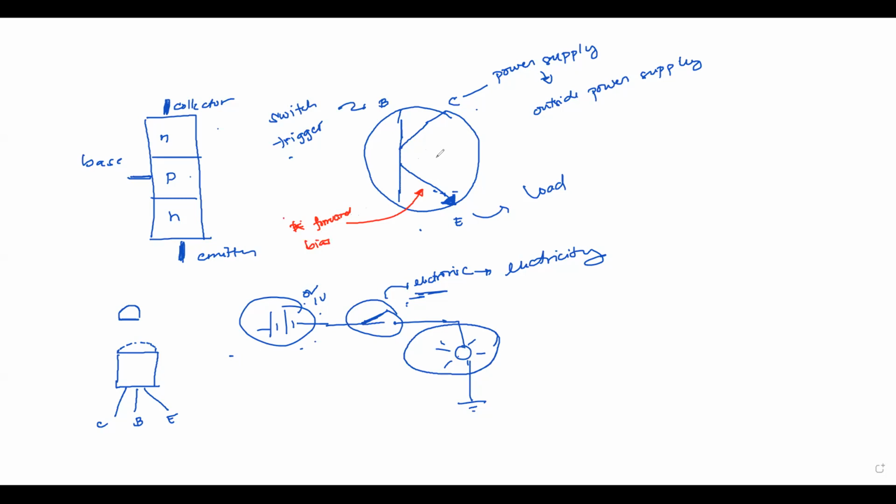And then in here, we have the VC, reverse bias. So it means that your current could not go up, it could only go down.